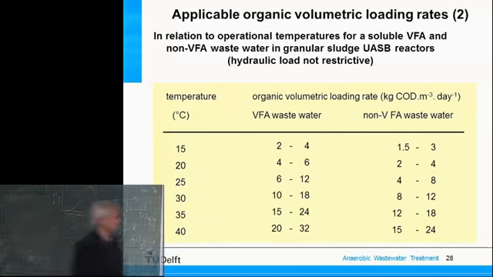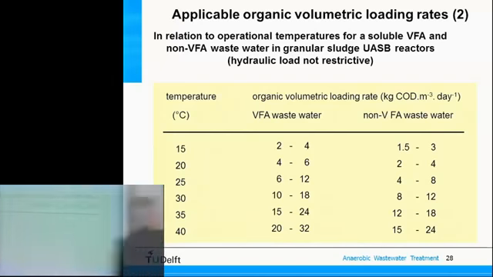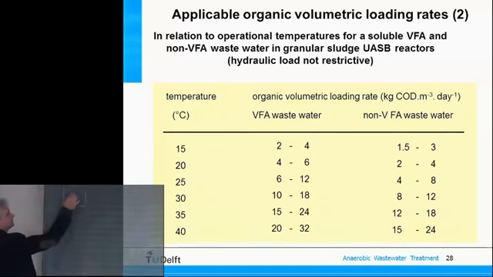If you recall, the volatile fatty acids are intermediate products. If you have organic matter of a lot of polymers, they are converted into monomers. Then they are converted into VFA. And then they are later on converted into methane gas.